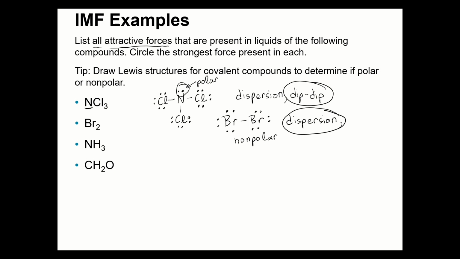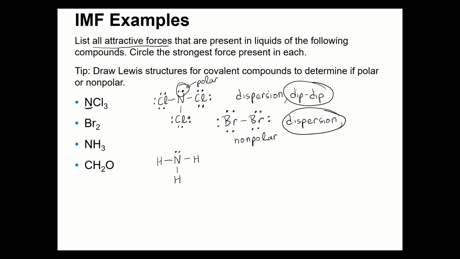Now NH3, ammonia, is going to be very similar to NCl3. The only difference is that those hydrogens will not have lone pairs. You'll only have the lone pair on the nitrogen atom. And remember, it's the lone pairs on the central atom that help you determine if something is polar.